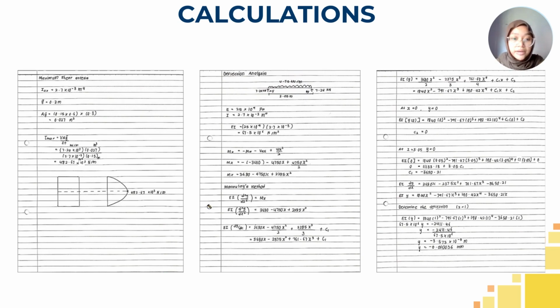Jadinya nilai EI kita adalah 67.5 darab dengan 10 kuasa 6, Y sama dengan negatif 241.46. Jadi Y sama dengan negatif 241.46 bahagikan dengan 67.5 darab 10 kuasa 6. So Y kita adalah negatif 3.575 darab dengan 10 kuasa negatif 5 meter dan Y sama dengan negatif 0.00036 mm. Sekian, itu sahaja daripada saya. Terima kasih.